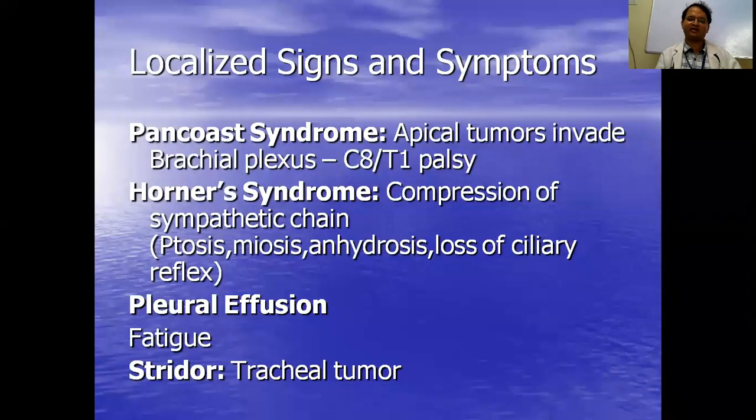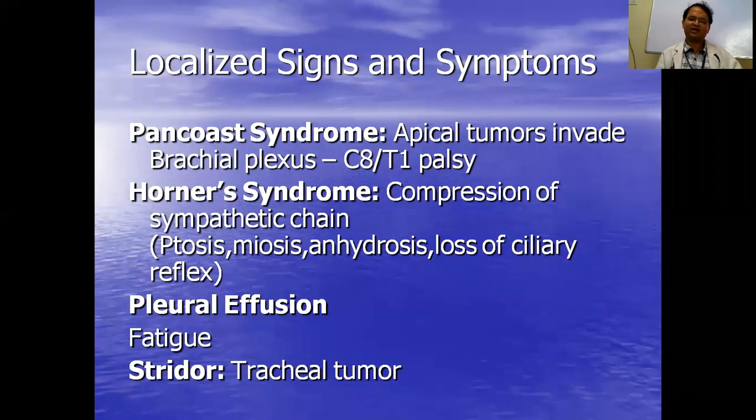This mass lesion, the apical tumor, otherwise known as superior sulcus tumor, invades the brachial plexus and causes C8 and T1 palsy, wherein there will be shoulder pain, deep pain and numbness in the ulnar border of the upper arm, forearm, and ulnar border of the palm. All these will be affected by Pancoast syndrome.